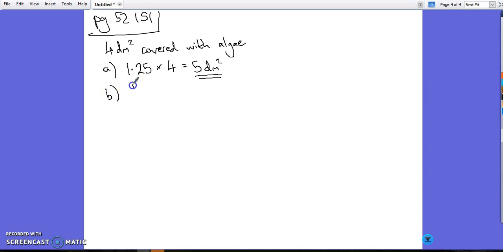40% is done similarly. A percentage increase of 40% would be 1.40 times 4, which gives us 5.6 square decimeters. And just as an aside, we've always been working here with percentage increase.